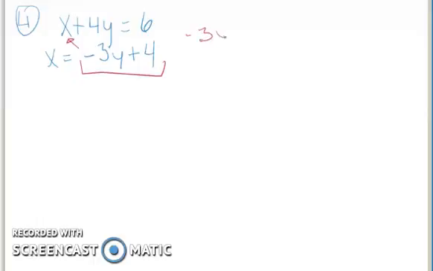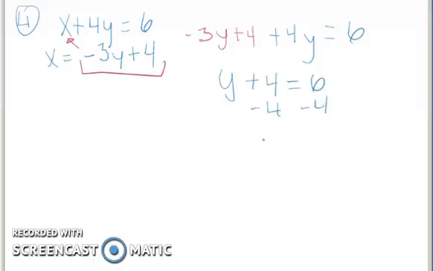So we get -3y plus 4, plus what we originally had there, which is the 4y, equals 6. We combine like terms, -3y and 4y. That's just y plus 4 equals 6. Subtract the 4. We get y equals 2.